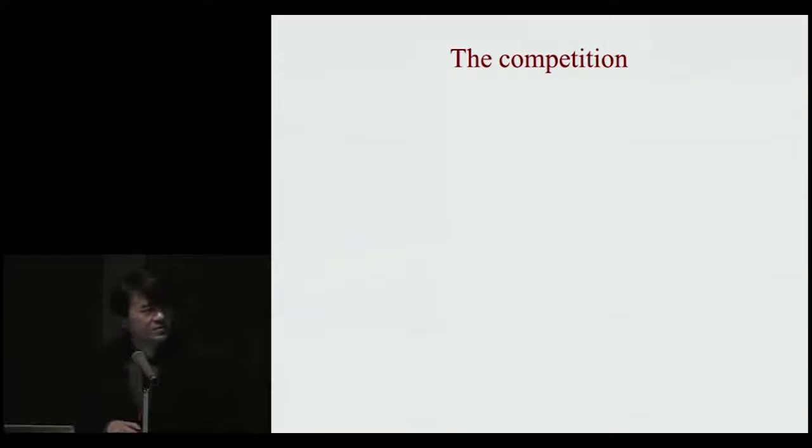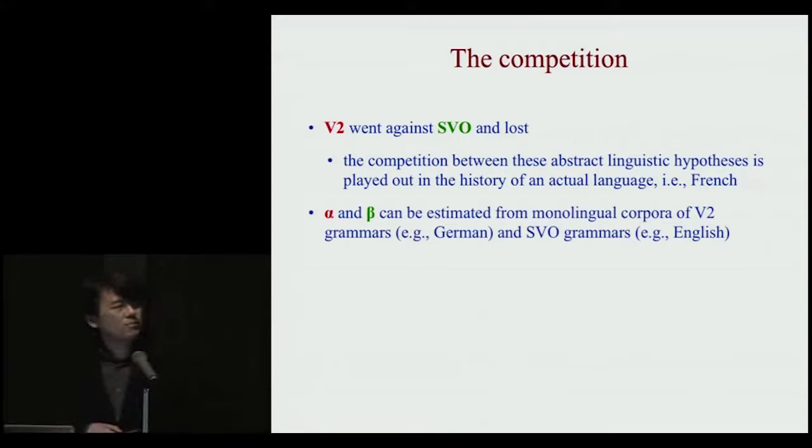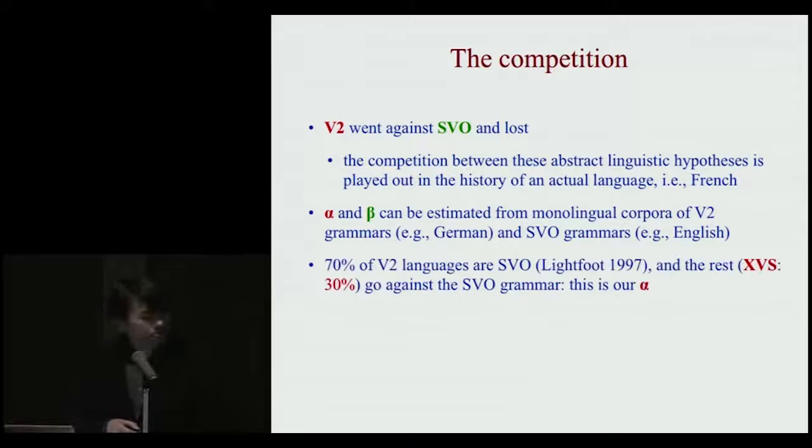Following the logic I was sketching out, we can estimate alpha and beta in monolingual corpora of V2 and SVO languages. So we take something like German or English. It doesn't really matter. You find that, historically speaking, 70% of the sentences produced by V2 languages are SVO, so these are just fine with the SVO grammar.